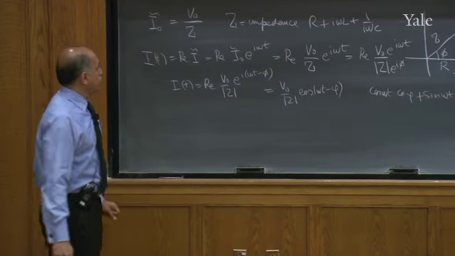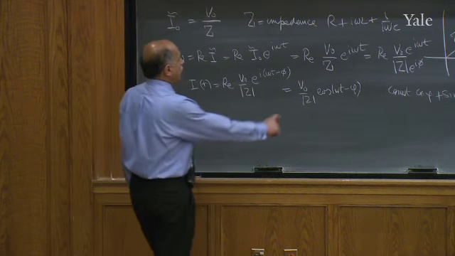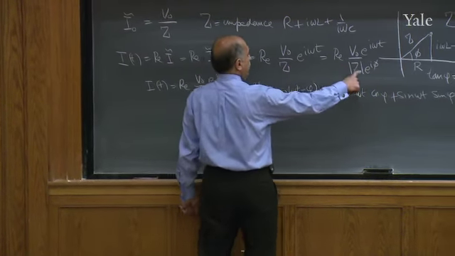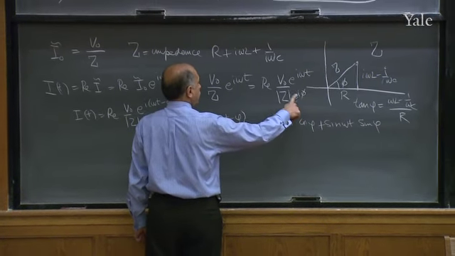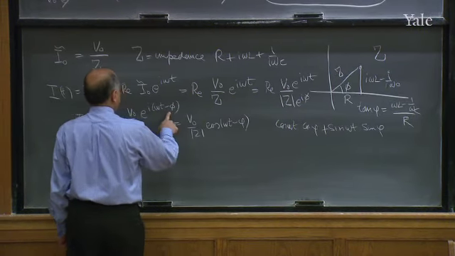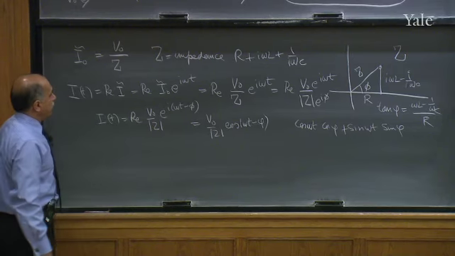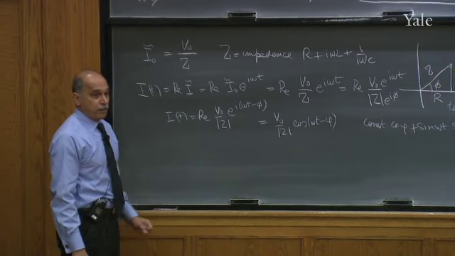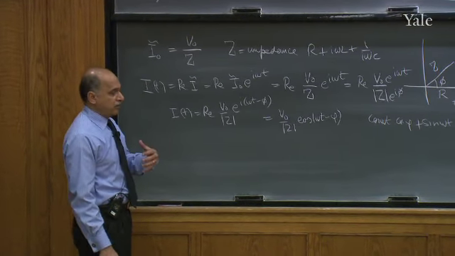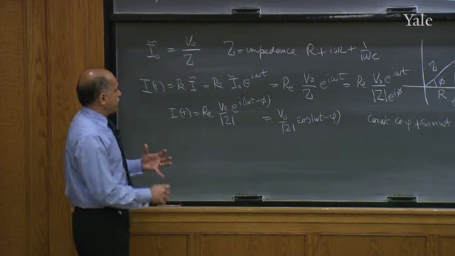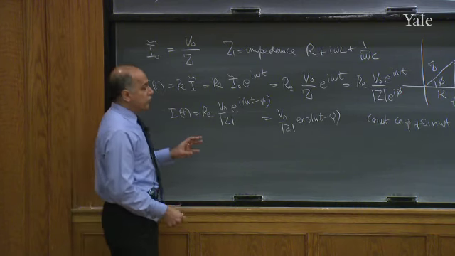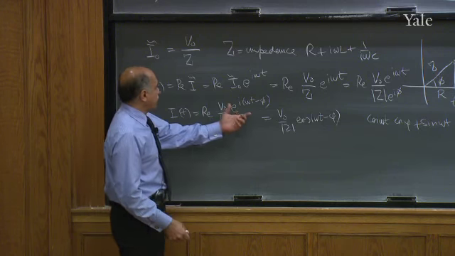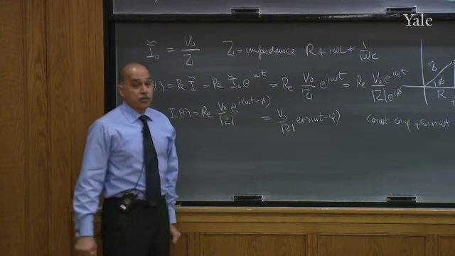But if you're working with complex numbers, you can take e to the I omega t divided by e to the I phi and turn it into e to the I omega t minus phi. So in the imaginary world, it's very easy to shift the phase, because a complex number, when it multiplies or divides another number, rescales and rotates it. So in the complex plane, it's very easy to attach the phi, and at the end of the day, you take the real part.